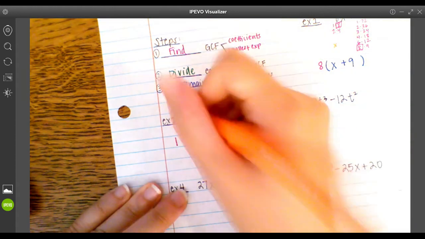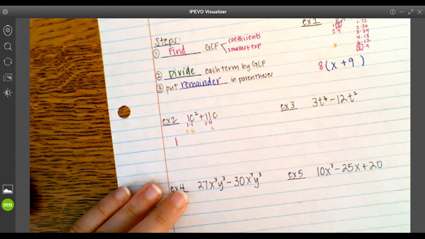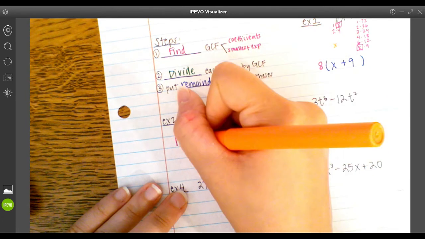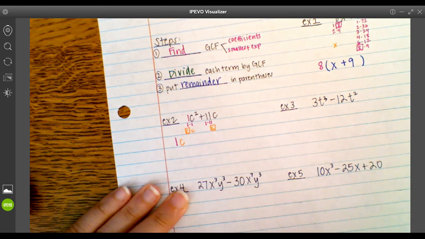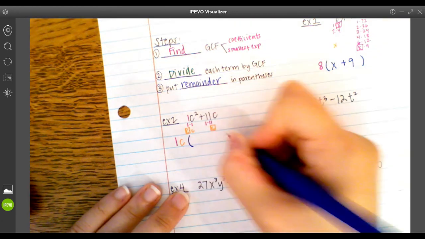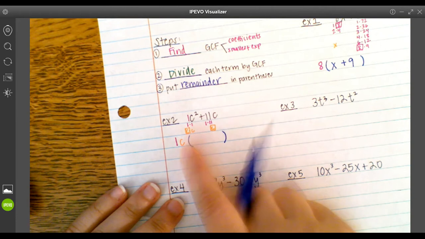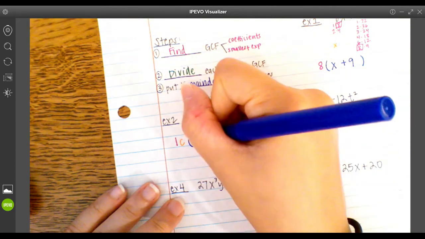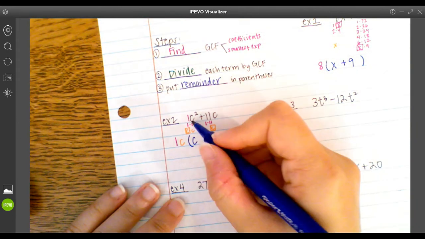And please note that we have 2 c's in the first term and 1 c in the second, which means we do have a common c that we can pull out front as part of our GCF. Now we're going to talk about what remains. So if I pull 1c out of 1c squared, I'm missing a c, because c times c is c squared.